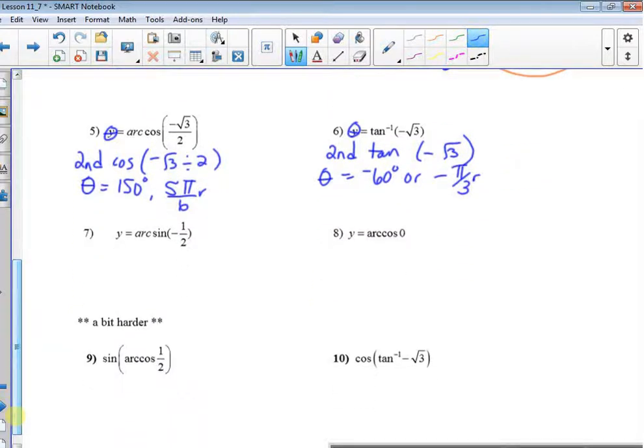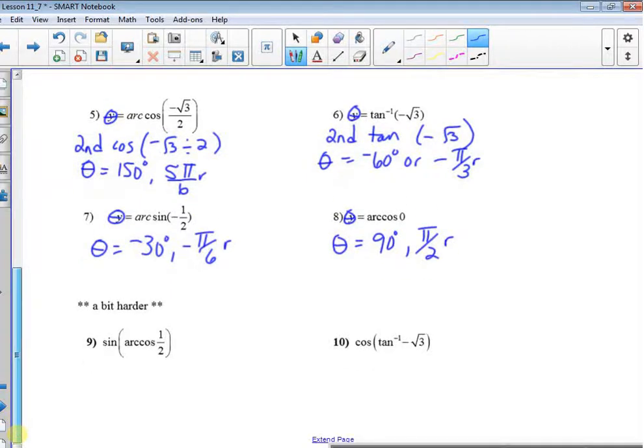Number 7, I think we have a negative in there, so it's second sine negative. So theta is going to turn out to be negative 30 degrees or negative pi over 6 radians. And second cosine 0, theta turns out to be 90 degrees or pi over 2 radians.